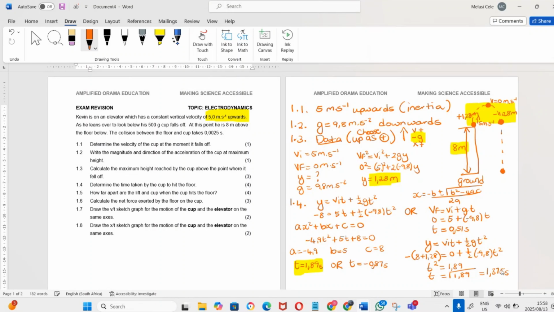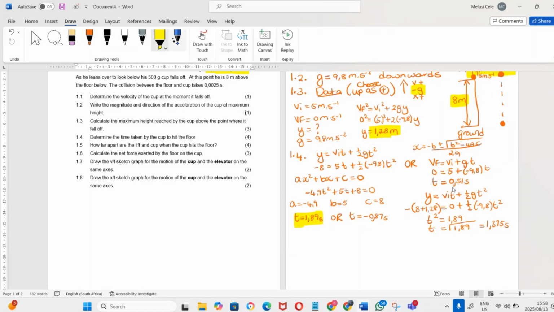1.375 seconds. Now, all I need to do is to add that time and this time. And if I don't get this answer or an answer close to this, then it means our method is incorrect. So the total time, let's just call that t tot, is equal to 0.51 plus 1.375.